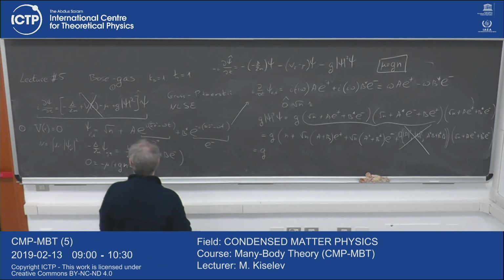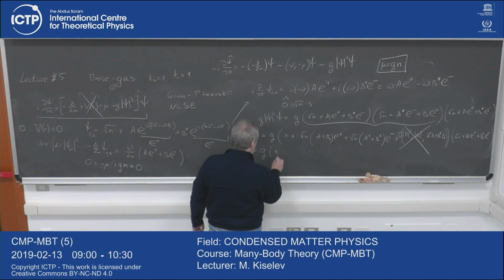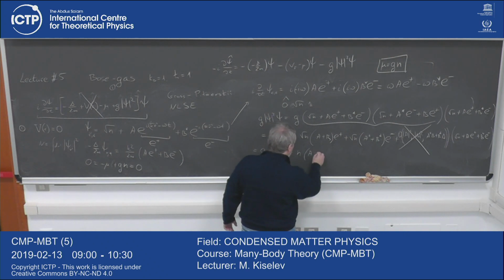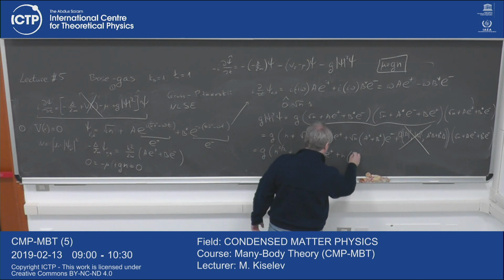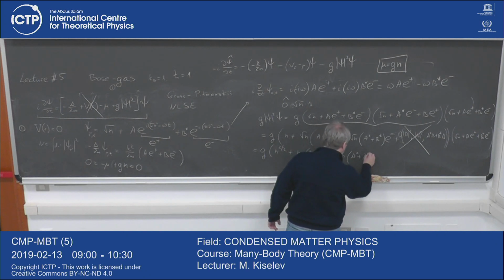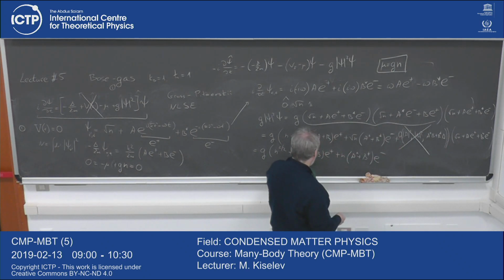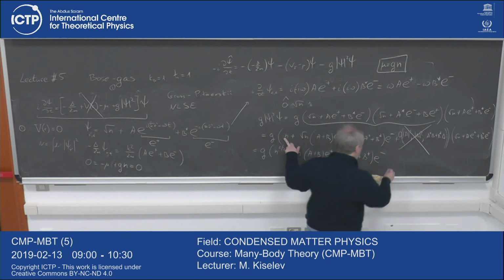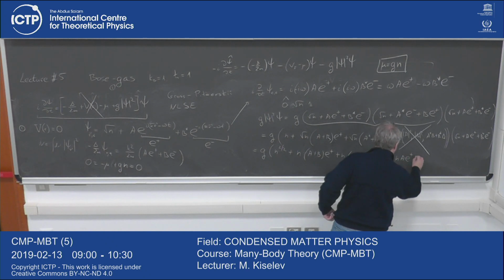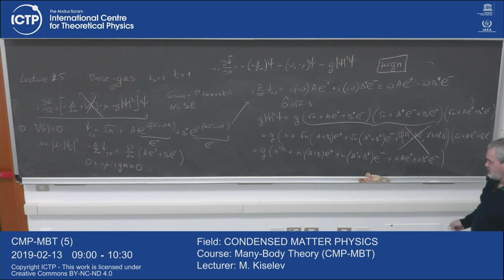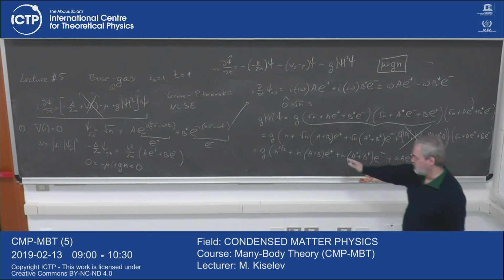So what I have is g, and this is n to the power 3/2 plus n a plus b e plus n a dagger plus b star e minus. This is, I multiply this and this term by this one. Yes, and then I need to multiply this term, so plus n a e plus n b star e minus. And that's it. I'm not going to keep terms of the order of square root of n anymore. I keep only n to the 3/2 and n.